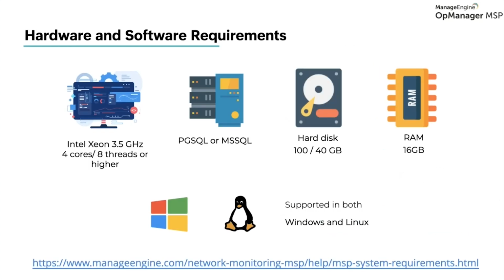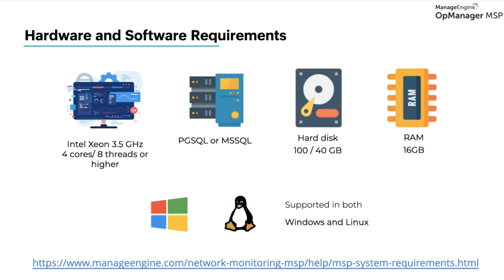Now let's move on to software and hardware requirements. We require an Intel Xeon 3.5 GHz, 4 cores, or 8 threads or higher processor. OpManager MSP supports both PG-SQL and MS-SQL databases. PG-SQL comes bundled with the product. And we need a hard disk with a minimum space of 100 GB for Central and a minimum of 40 GB space for the probe setup.